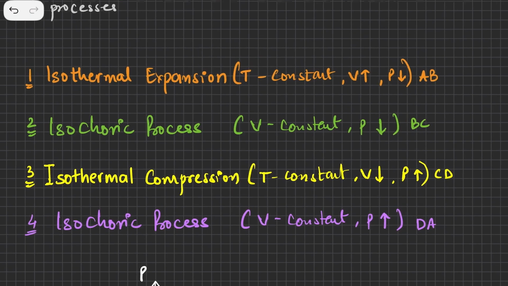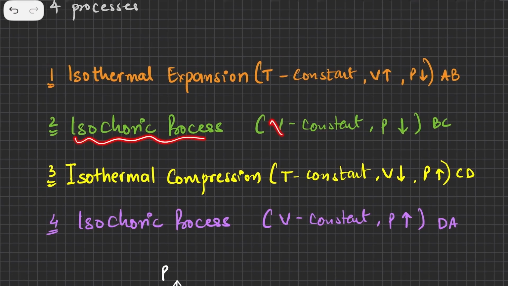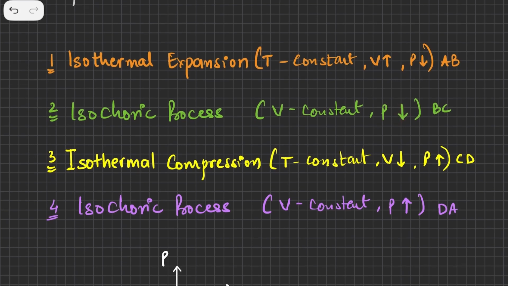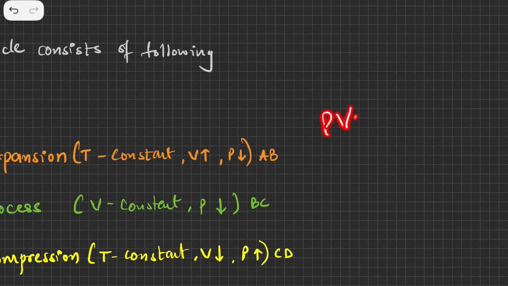Now the next process is the isochoric process. An isochoric process is a process in which the volume is kept constant, but the pressure will reduce. Now as we know, PV is equal to nRT. This is the ideal gas equation.